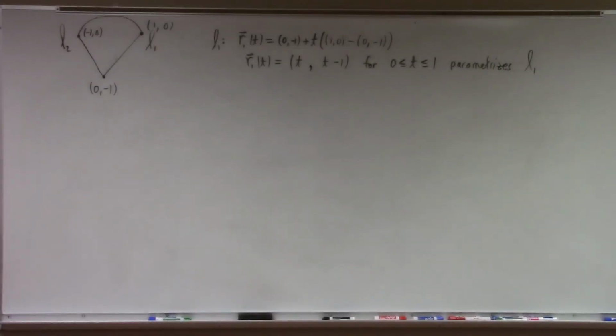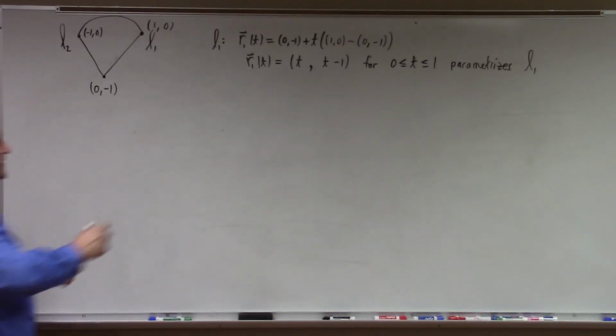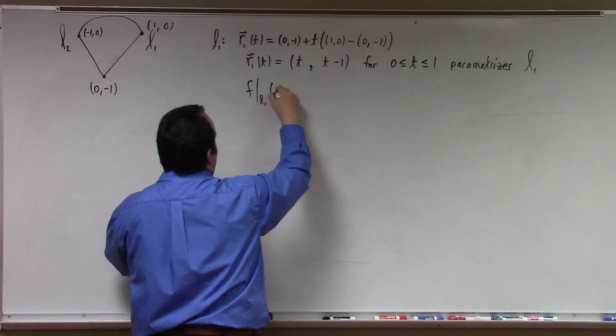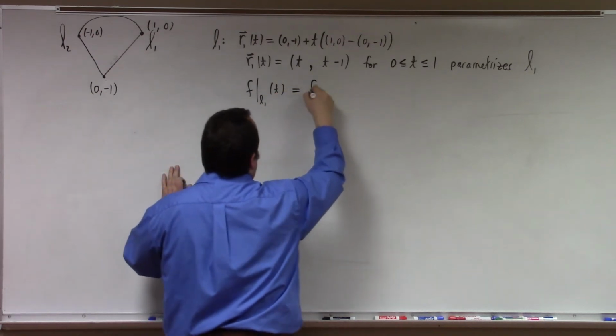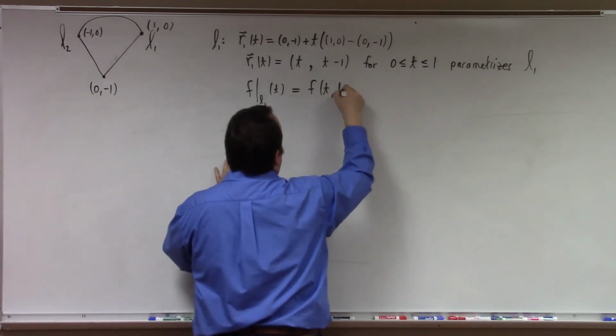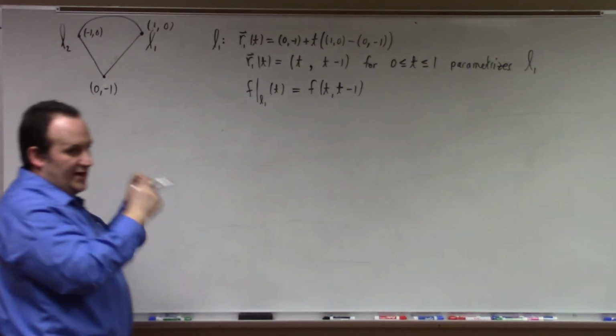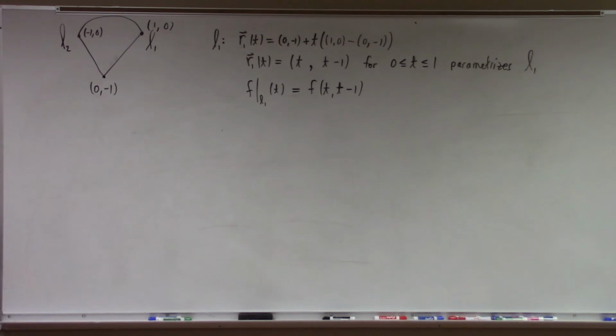So how do we figure out where there's a min or max for the function along that? Well, f restricted to L1 is just a function of t. And so we would take f of t comma t minus 1. That would give me a function which tells me how the function behaves on that line segment, right? Sometimes I'll invent another letter.